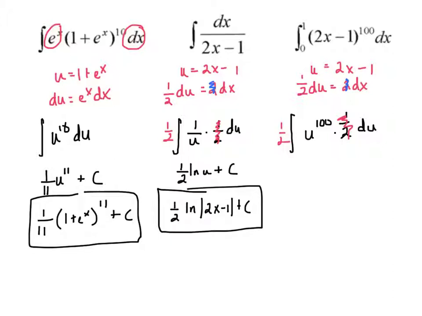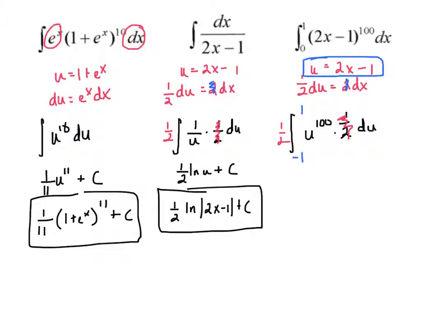Let me also rewrite the bounds. Remember, this substitution, 2x minus 1 is u, is our key for getting the new bounds. In terms of x, the bound was 0, but 2 times 0 minus 1 is -1, so the new bound is -1. The upper bound was 1. 2 multiplied by 1 minus 1 is 1, so that is my new upper bound.